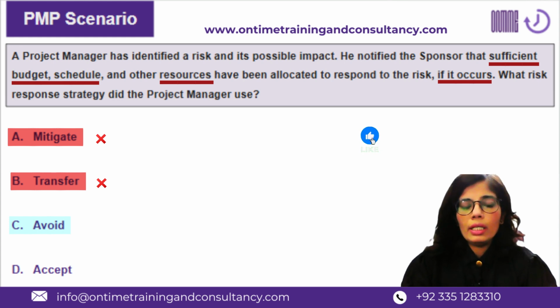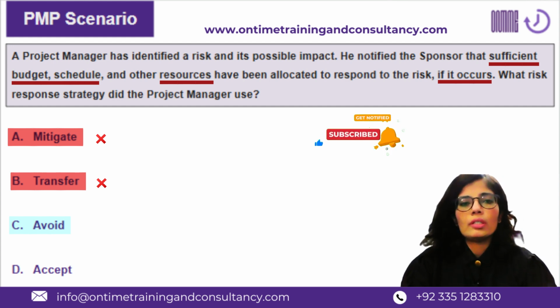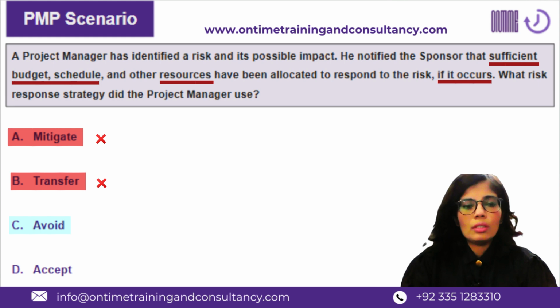So avoid may demand a change of plan, a change of critical path, or some additional resources, additional budgets, more contingencies or more reserves, but for the proactive elimination of that risk, not the reactive elimination of the risk.